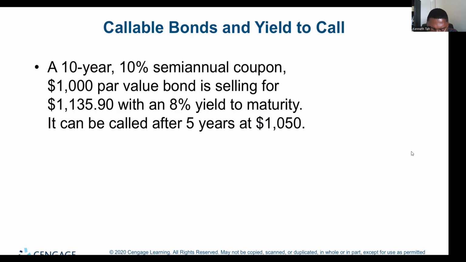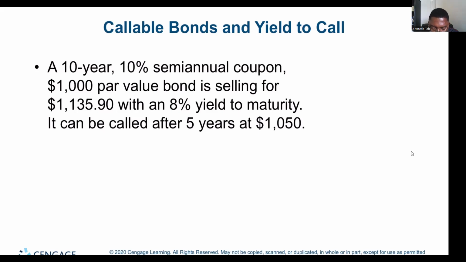So a 10-year, 10% semi-annual coupon. So this is semi-annual. $1,000 par value bond is selling for a premium of 1,135.9 with an 8% yield to maturity.